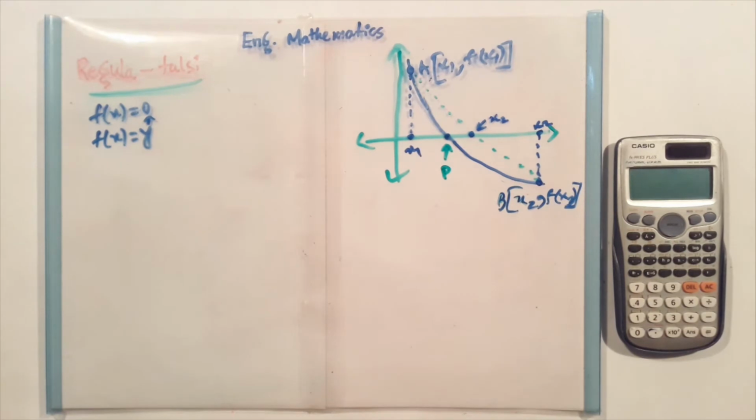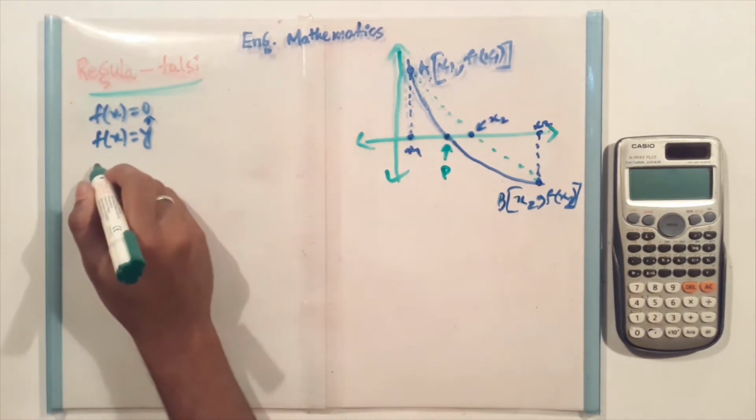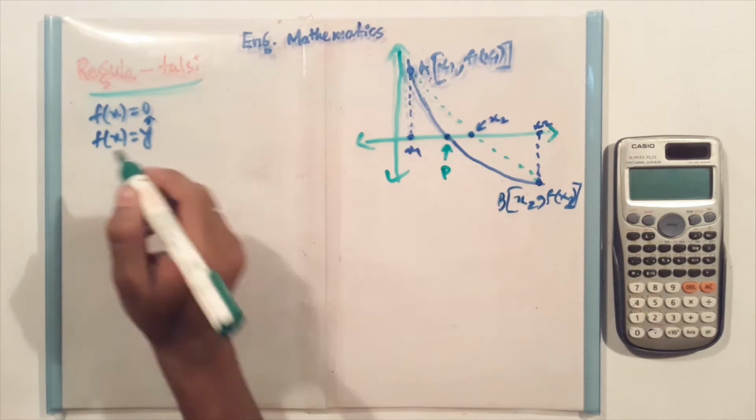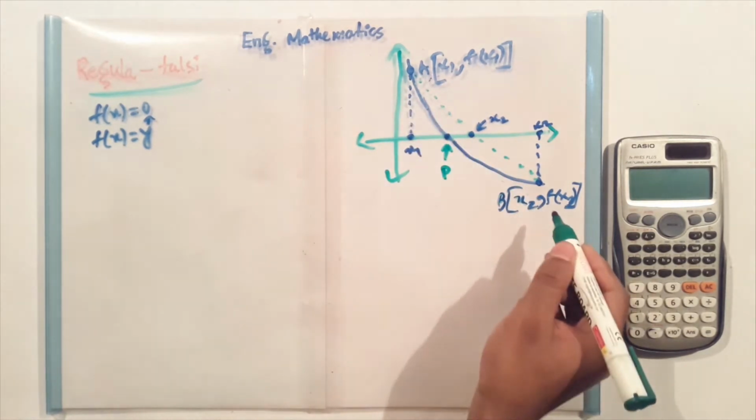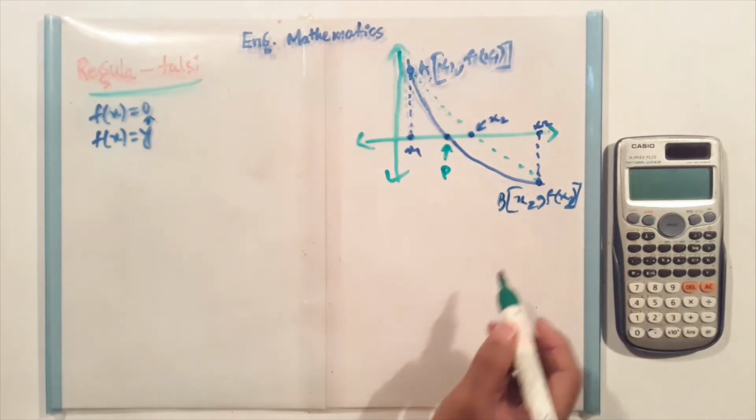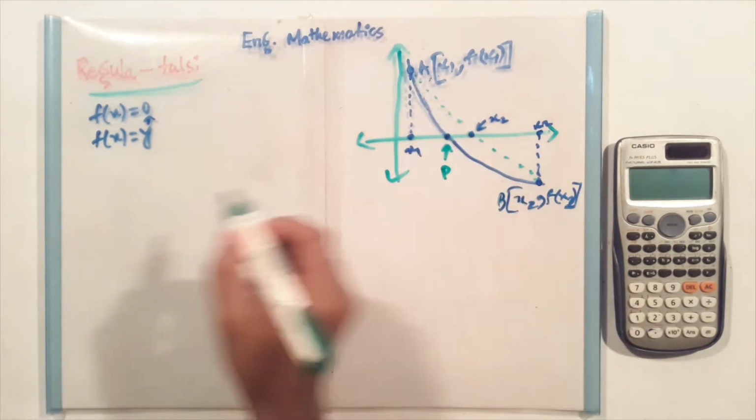Now we will construct the equation of the line joining the two points A and B, that is, the equation of the chord.